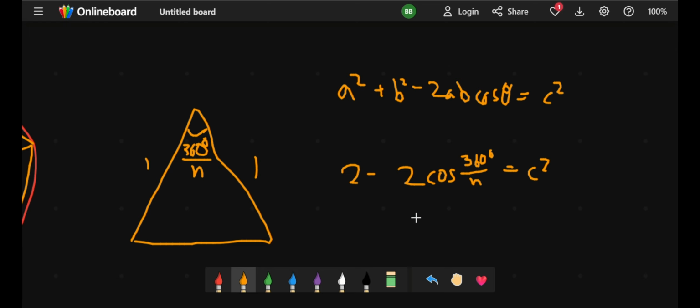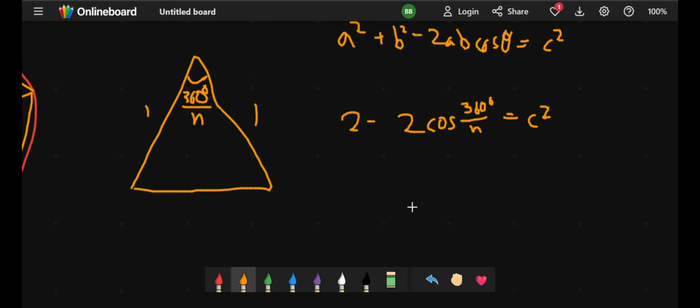And I want to emphasize here, exactly how are we going to take the square root on both sides, since we're subtracting these two things? The best way we can do this is by taking a 2 out, giving 2 times 1 minus cosine of 360 degrees over n.